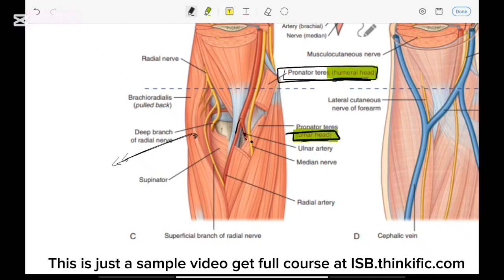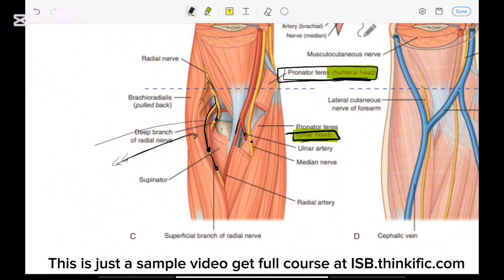That forms, of course, the lateral margin of the fossa. The radial nerve is moving here, and it is going to supply branches to the brachioradialis, right? It will also divide under the brachioradialis, as you can see. It is dividing into two branches under cover of the brachioradialis.